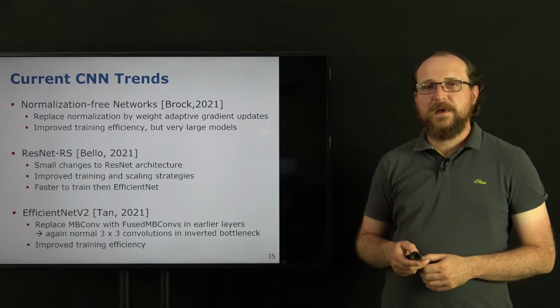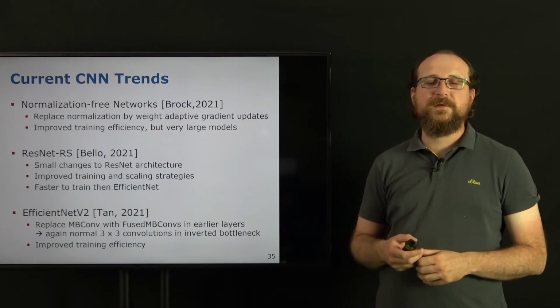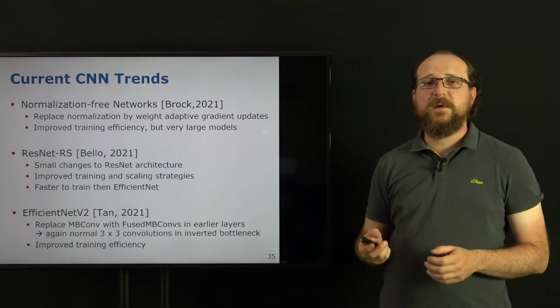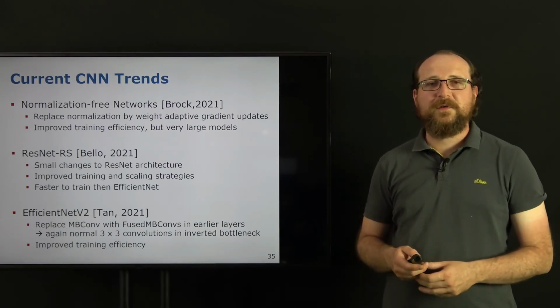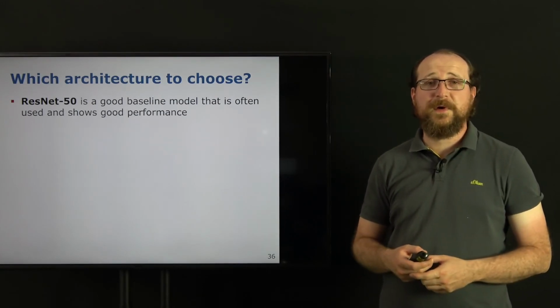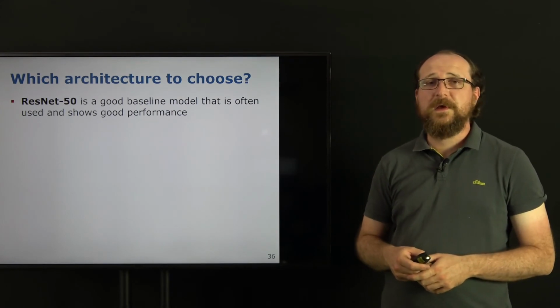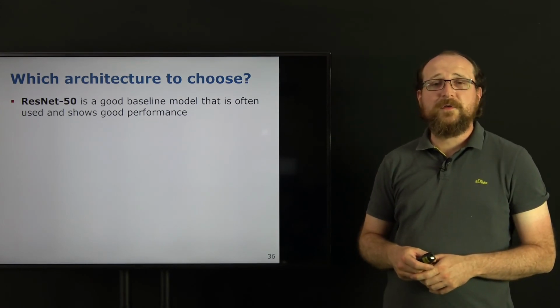But when you look at this, you would maybe ask yourself, okay, you have now these different architectural choices, which architecture should I choose for my task? One recommendation is to start with something which is already there.